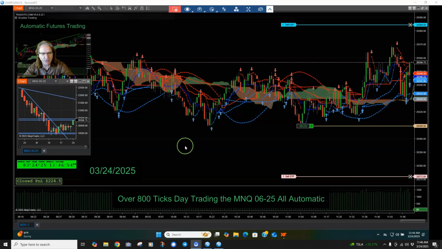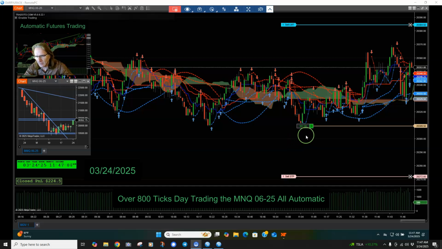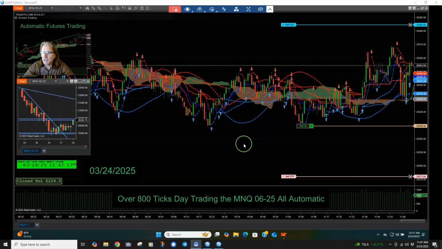Just as a review, we're up over 440 ticks closed P&L, currently in an open P&L of around 160 to 180 ticks or so, but it's very volatile right now, as you can see.